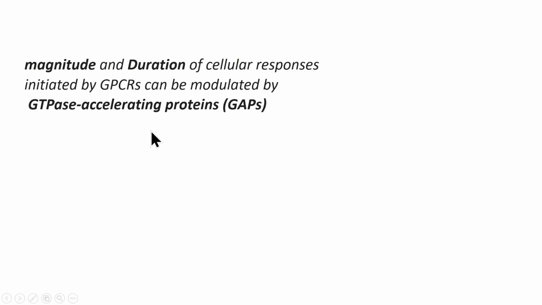Besides, the magnitude and duration of cellular responses initiated by the G protein coupled receptors can be modulated by regulatory proteins such as GTPase accelerating proteins. In short, these are known as GAPs.